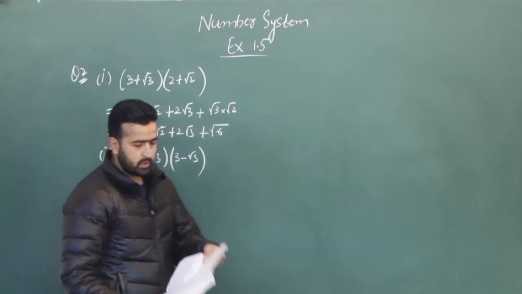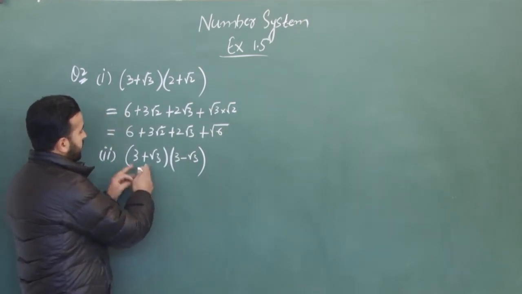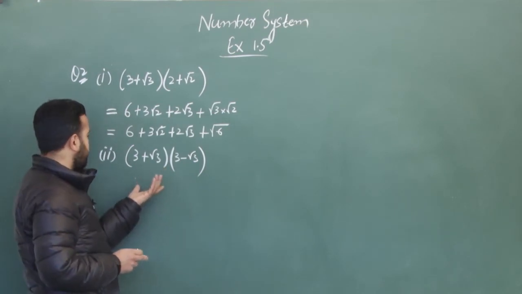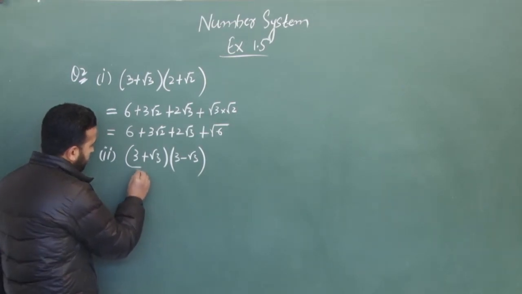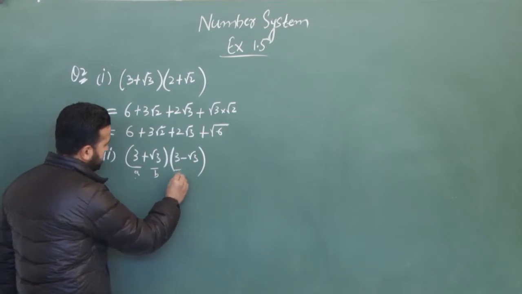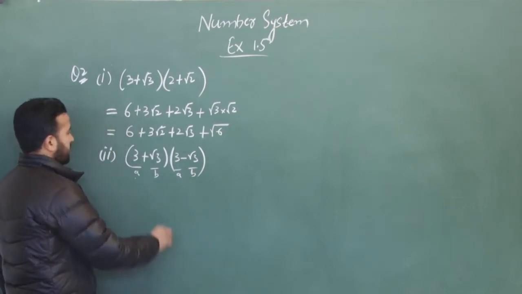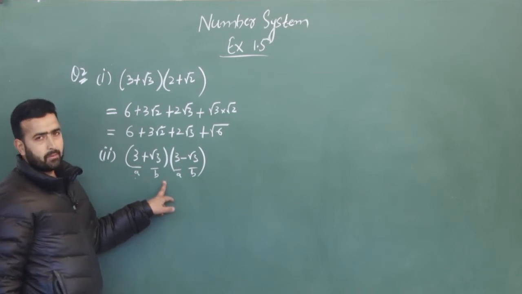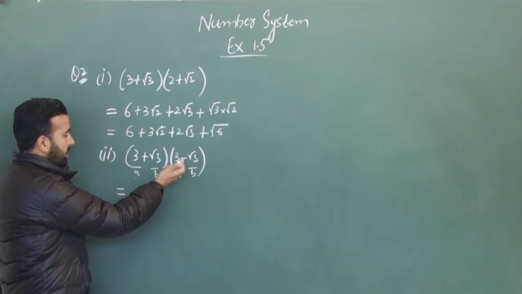In this case we can say it is of the form a plus b multiplied by a minus b, and you know one of the simple identities. 3 can be treated as a, and under root 3 can be treated as b, and we know the result for a plus b multiplied by a minus b.